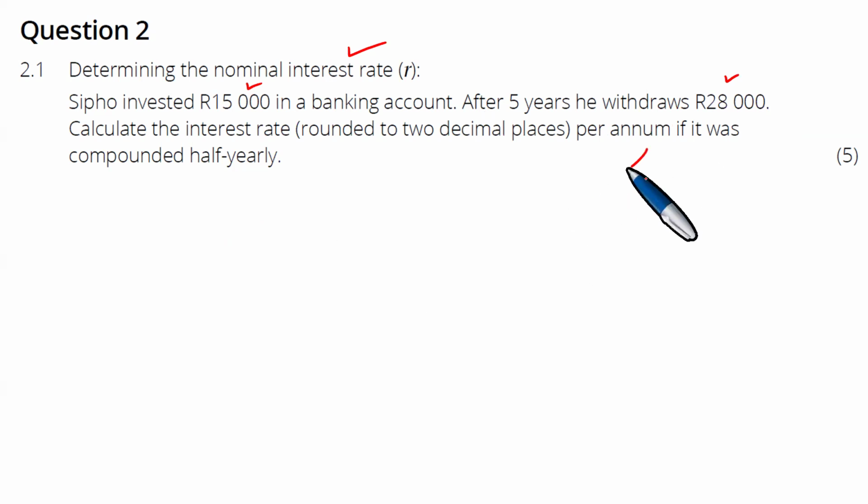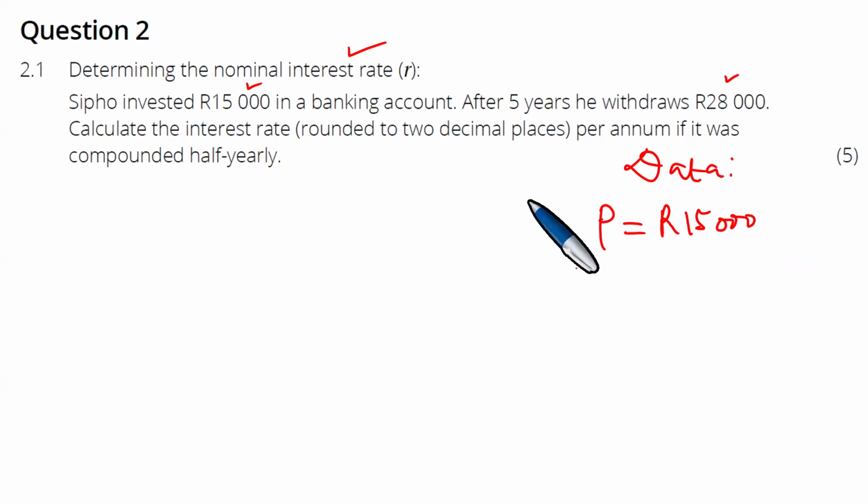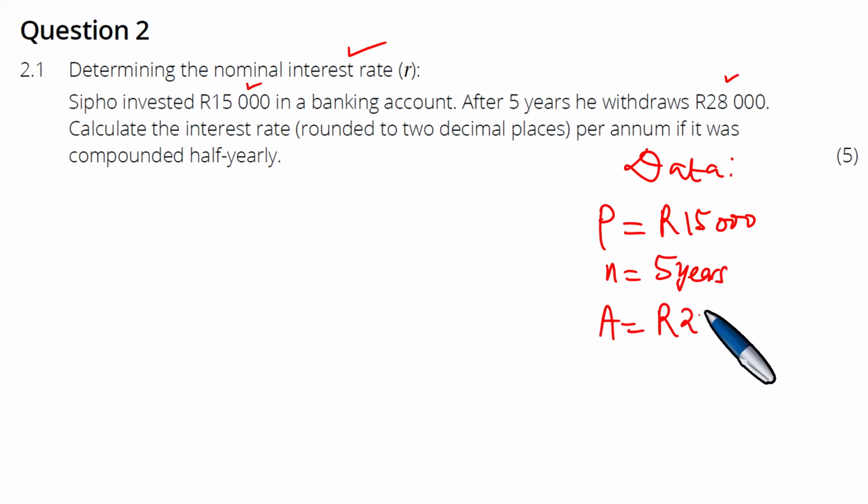So let's just draw a roadmap here and note down the data. The present value of the investment was actually 15,000 exactly. After 5 years, n equals 5 years. He withdraws a final amount of 28,000.